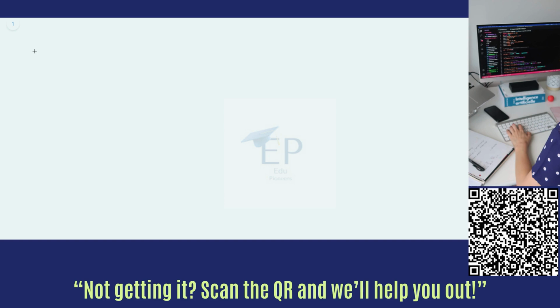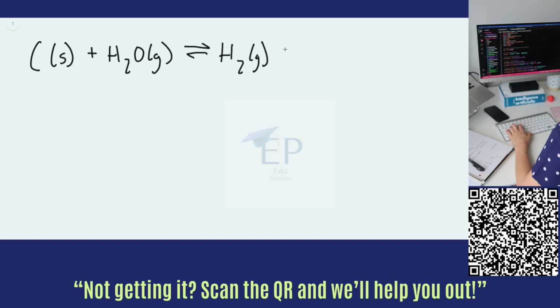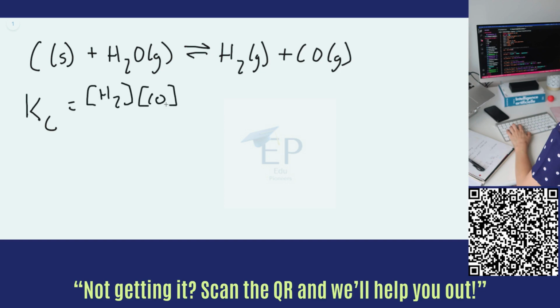So this question starts with having carbon react with water to form H2 and CO. And so the first thing we can do is, since we're given the concentrations of H2O, H2, and CO, we can find the Kc of the equation, which is just the concentration of H2 times the concentration of CO over the concentration of H2O.